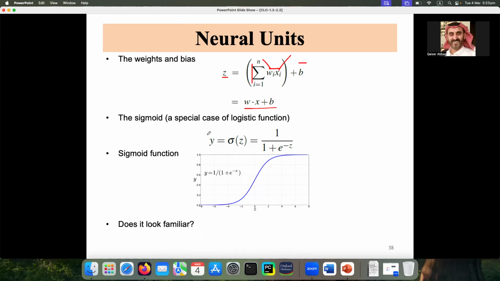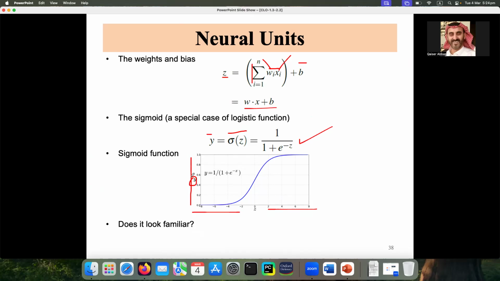So we started with W dot X plus B, and we already said how we can predict a class y that is available in our data set: we can use the sigmoid function over this z, and we have this formula in logistic regression. So I'm not saying anything new. We use the same things. We have the sigmoid function, with the positive values, the negative values, and the values for the class Y which you want to predict.